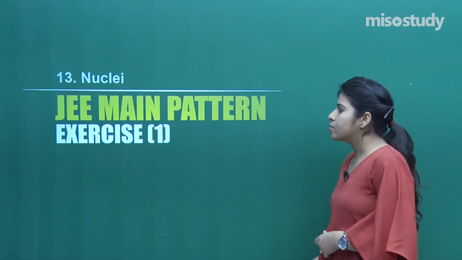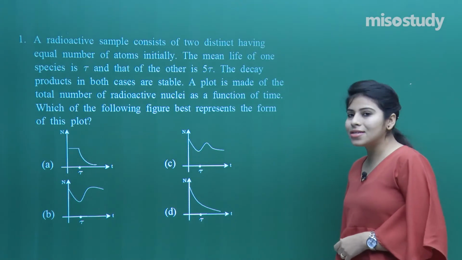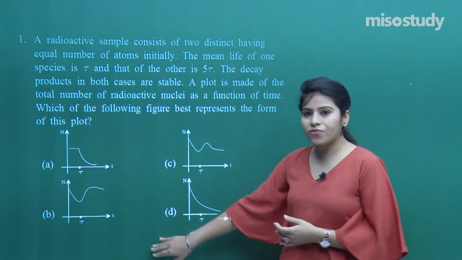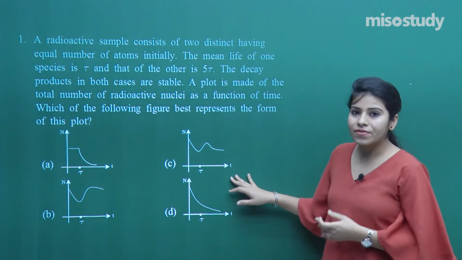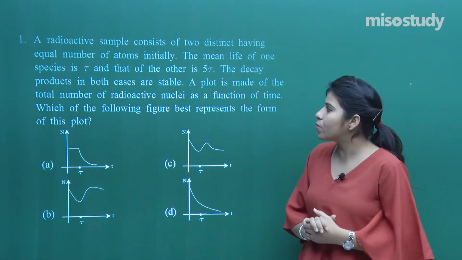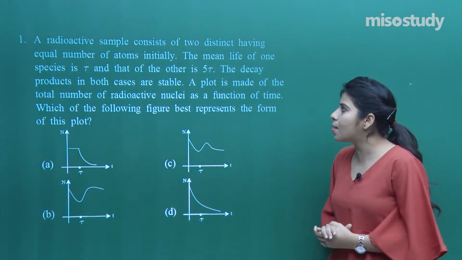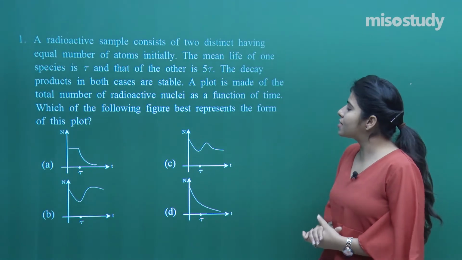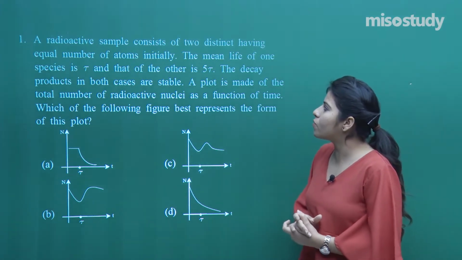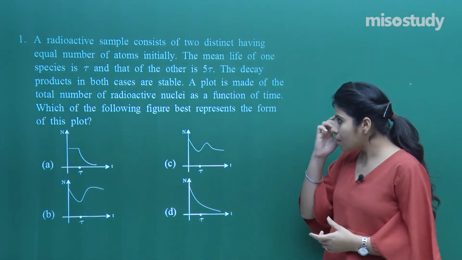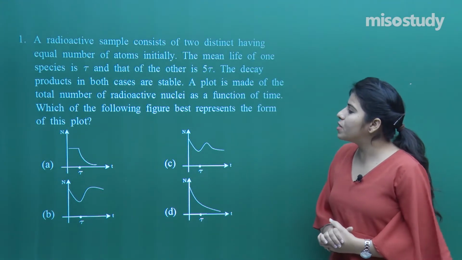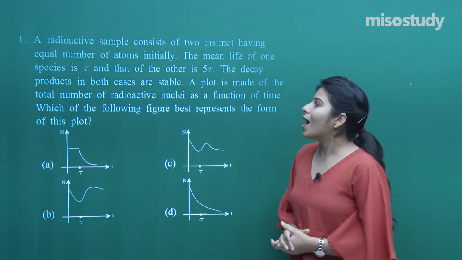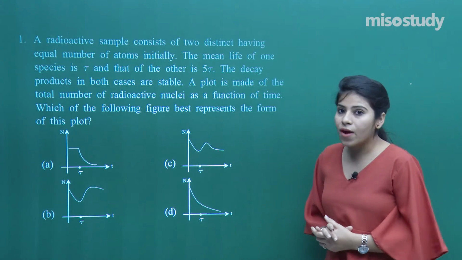Okay. So I can see that we have been given 4 figures over here, and if I read out the question, a radioactive sample consists of 2 distinct species having an equal number of atoms initially. The mean life of one species is tau and that of the other is 5 tau.